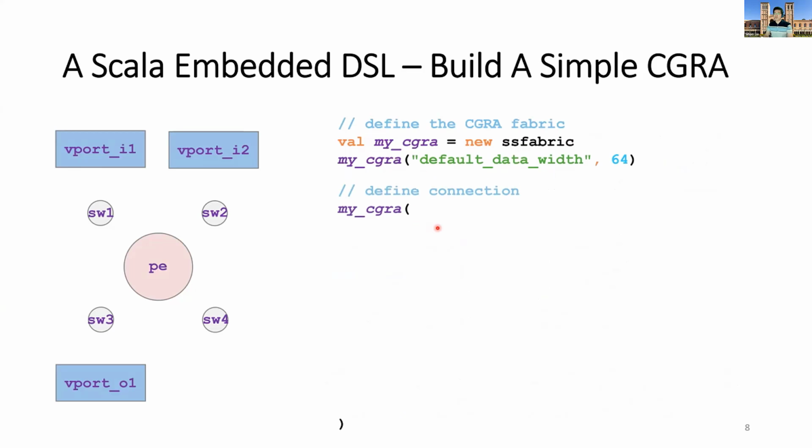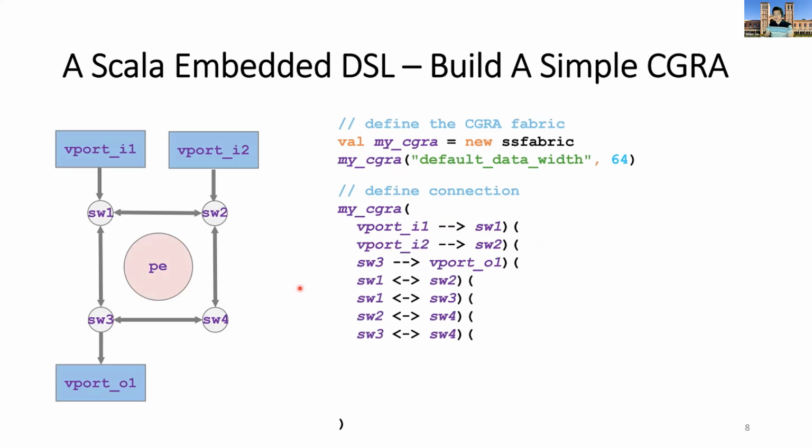Then you need to put all of the connections inside the CGRA that you just defined. You just put a dash arrow so that you can connect the vector port to the switches, and switch to the vector port. So here's how we define the input and output connection. And also we want to have a switch connection to form the routing networks.